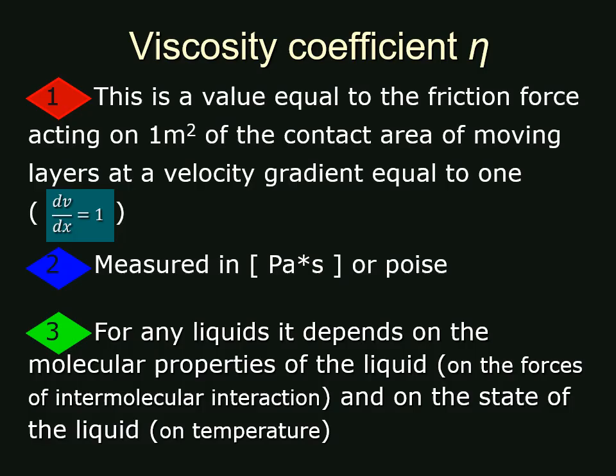Next, the viscosity coefficient, as I have already said, is denoted by a Greek letter and is defined as a value equal to the friction force acting on 1 square meter of the contact area of the moving layers with a velocity gradient equal to 1.